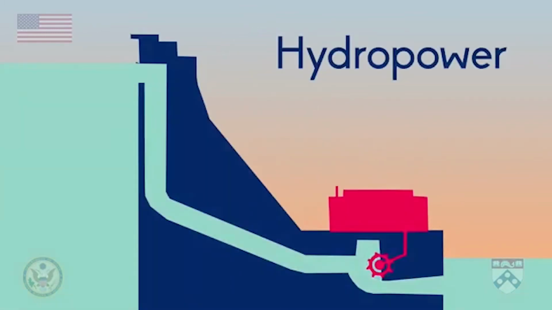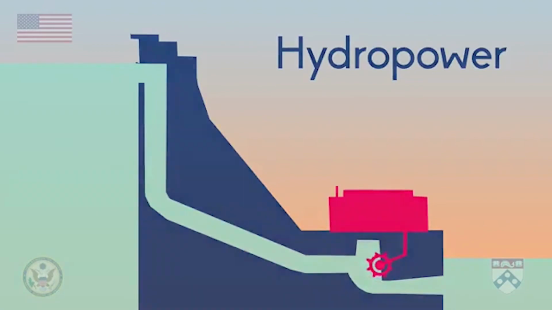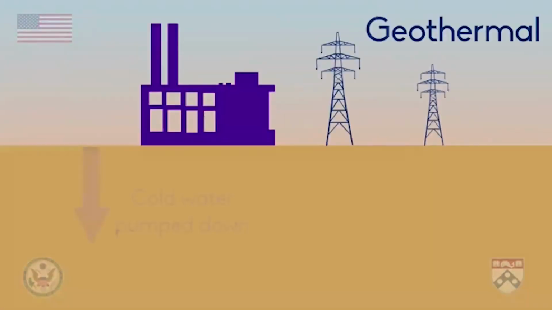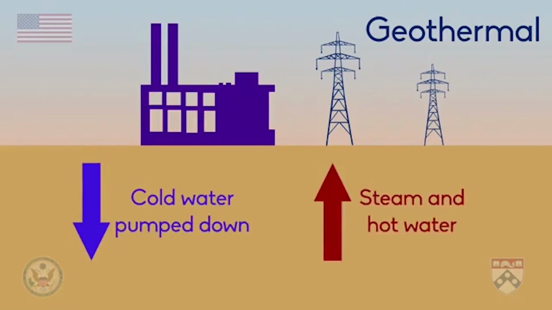But there are other forms of renewable energy that are not burnt and do not release any greenhouse gases into the atmosphere. Let's look at some types of clean renewable energy. Hydropower is energy created by moving water. Geothermal energy is energy taken from the hot interior of the earth.